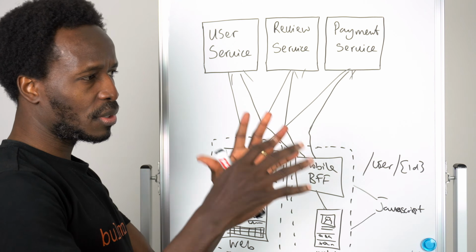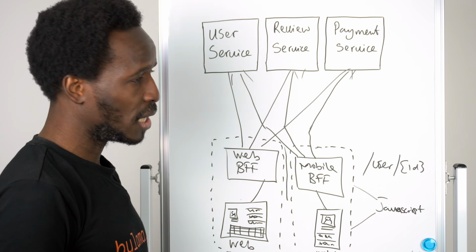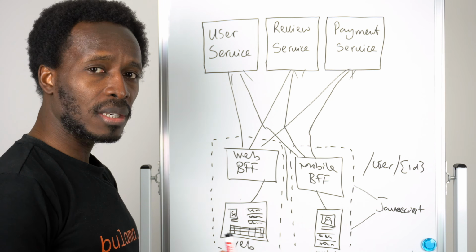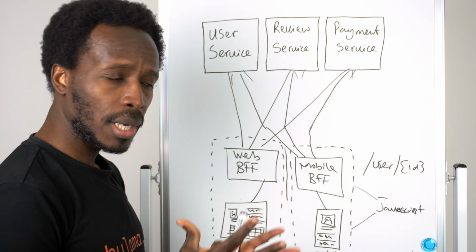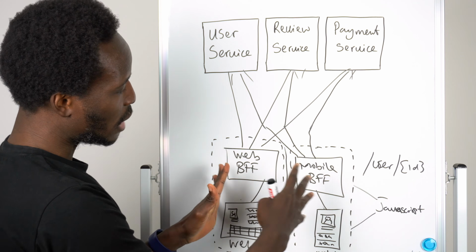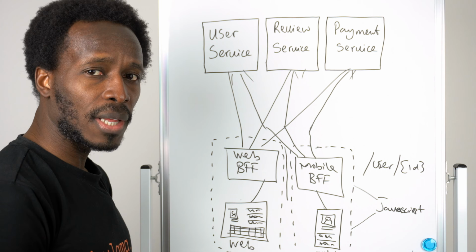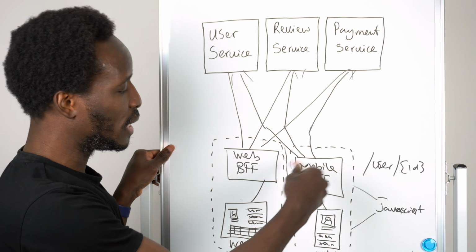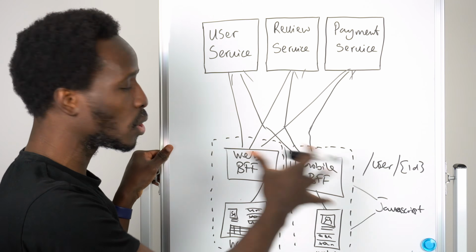If you have other types of third-party clients, you could have BFFs for that as well. But an API gateway handles all clients at once, and you may get bloated code in your API gateway. This allows you to have separated code, but you need to also take note that you may have duplicated code in the BFFs, right? So you just have more to deal with, more to handle.